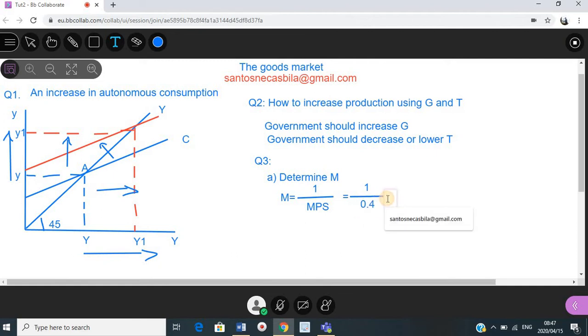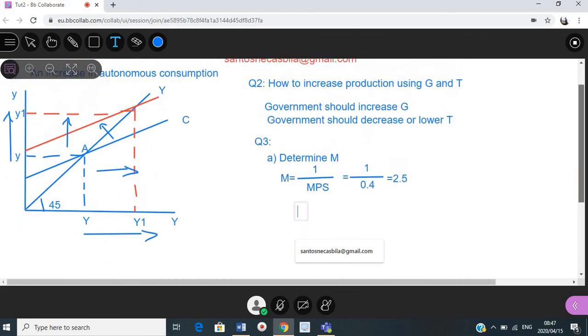And this is equal to 2, no, it's equal to 2.5. Very good. This is equal to 2.5. So this is the size of the multiplier.